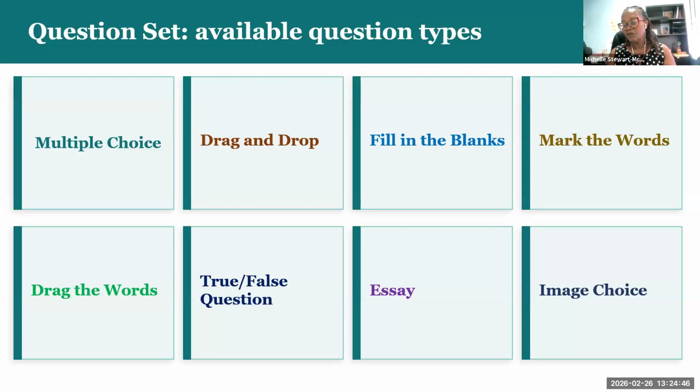So again, this would be good for visual disciplines such as the sciences and healthcare and design. Not that it can't be used for the others, but it is better suited for these subject areas. And so students read the question, have a series of images, and then they select the appropriate or the correct response.